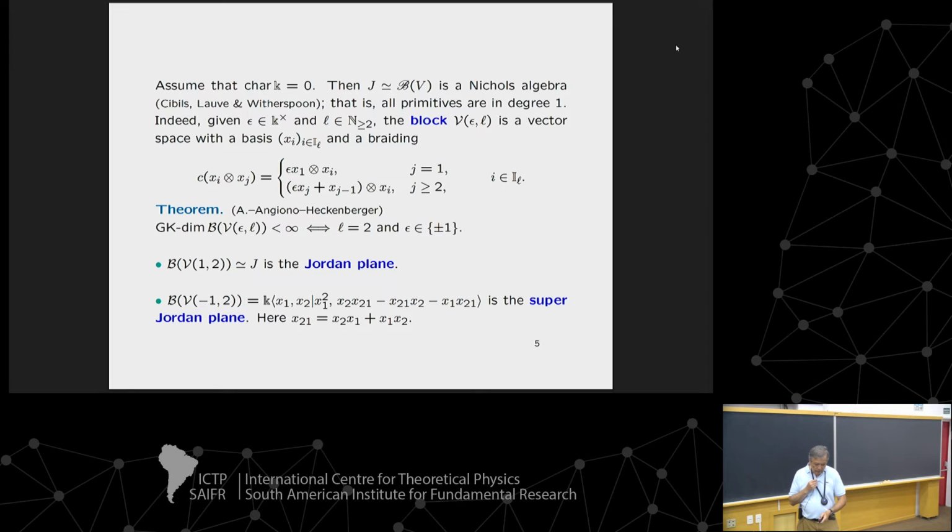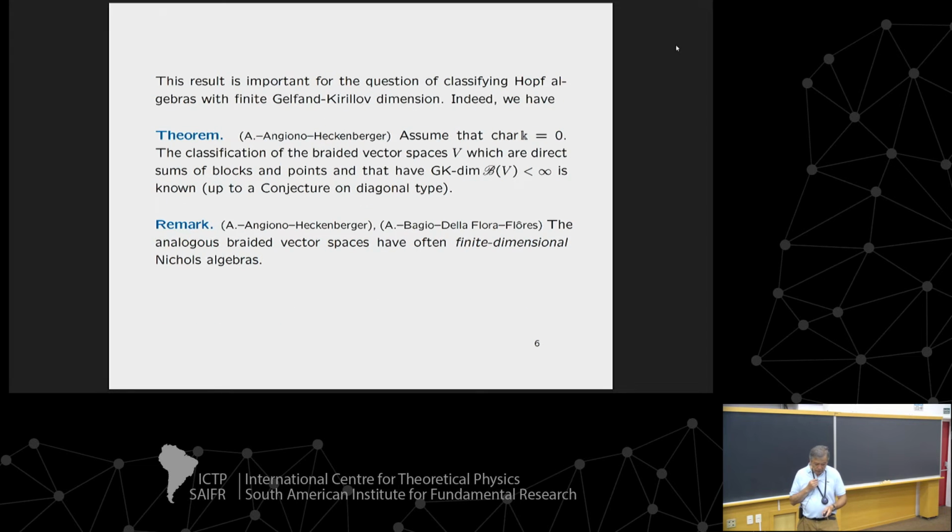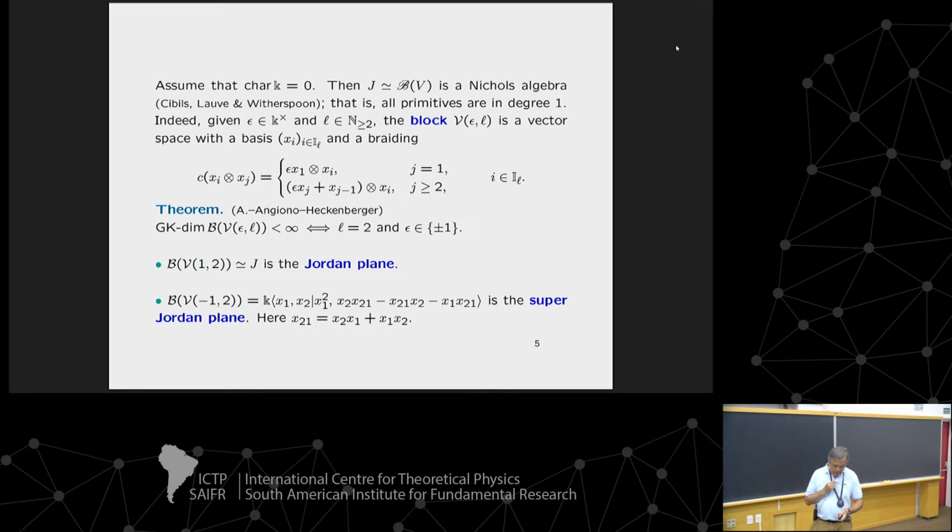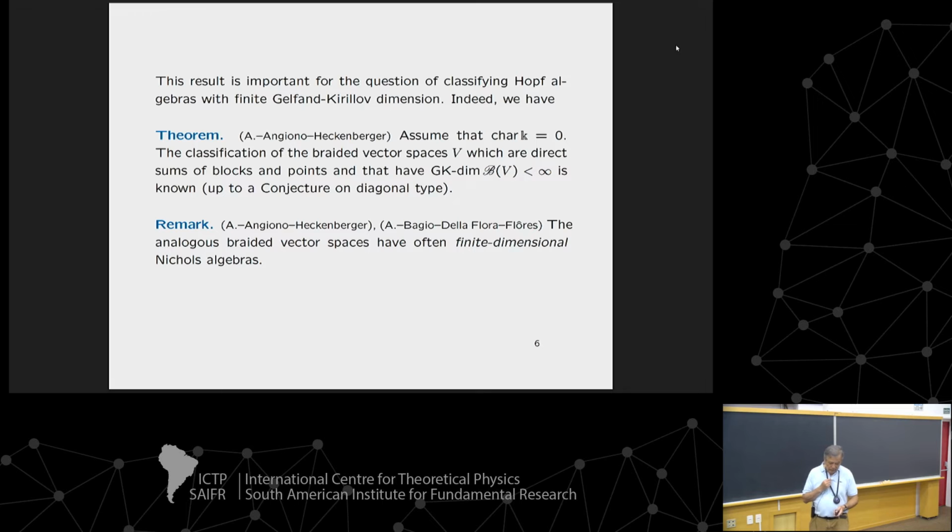Okay. So I would like to focus on the Jordan plane in the main part of the talk. The result of this classification of blocks with finite Gelfand-Kirillov dimension was important for us, for we were trying to classify Hopf algebras with finite Gelfand-Kirillov dimension, and for that we started looking at the class of braided vector spaces which are direct sums of blocks and points.